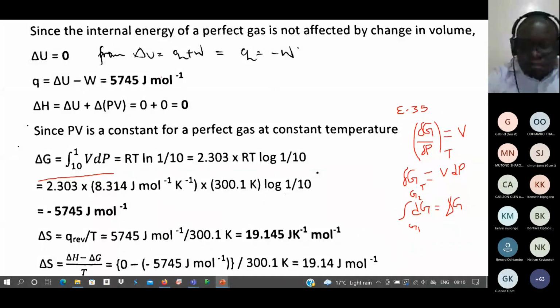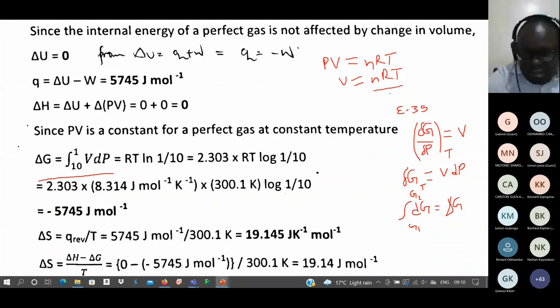From the expression PV equals nRT, V is given by nRT over P, and here n is 1.